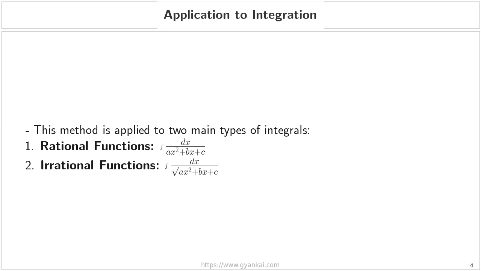You'll see in the examples coming up, and this is important, that the core idea is always the same. We complete the square to get the denominator, or the expression under the radical, into a more manageable form. Then, we can apply a simple substitution, and finally, use one of the standard integral formulas we've already learned. So, keep these two integral types in mind as we move forward, because they represent the primary applications of the completing the square technique in integration.